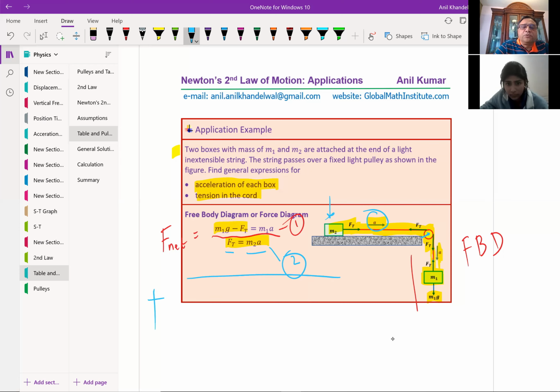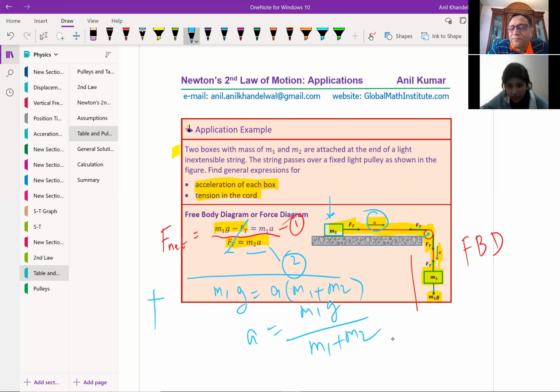If I add these equations, Ft and Ft cancel, and we get M1g equals a times M1 plus M2. All the things are known to us: the two masses and the gravitational acceleration. So a equals M1g divided by M1 plus M2. Once you know the acceleration, you can find Ft by substituting it in, because Ft is nothing but M2 times a. So just multiply by the second mass to get the tension force. Is that clear to you?